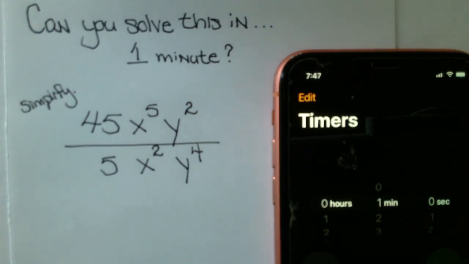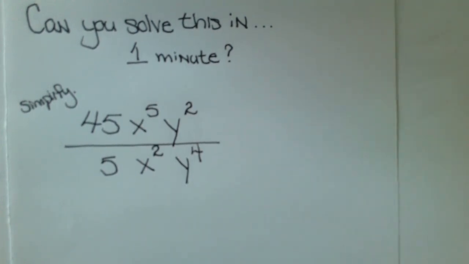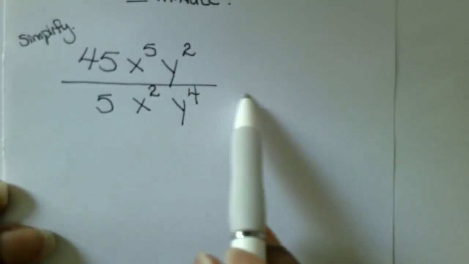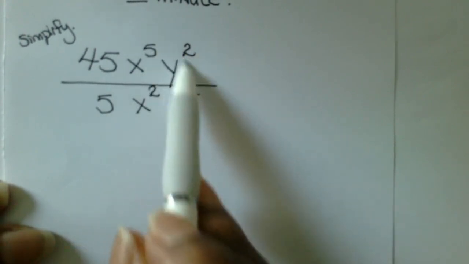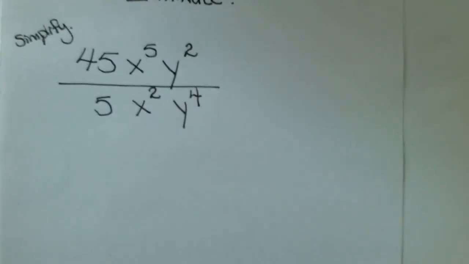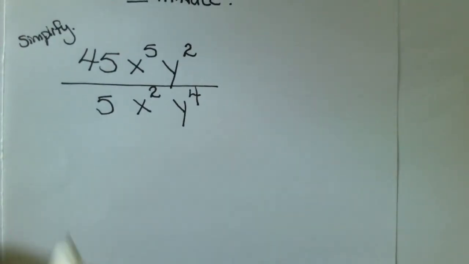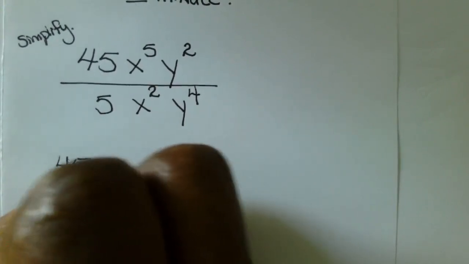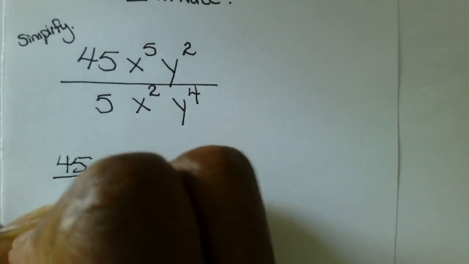Alright, so let's take it step by step. Okay, so we're doing basically division. We are dealing with the exponents. Now, let me clarify this a little bit. If we take it separately, we have 45 divided by 5.